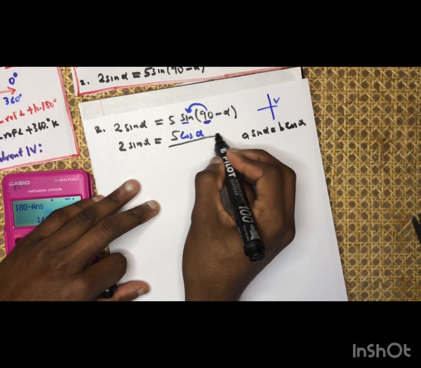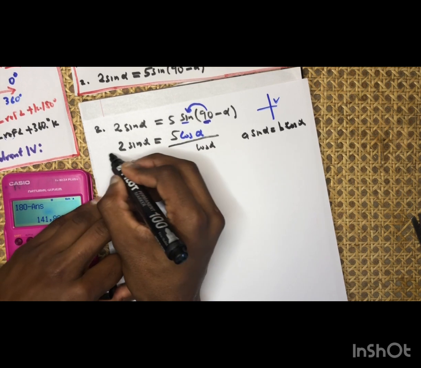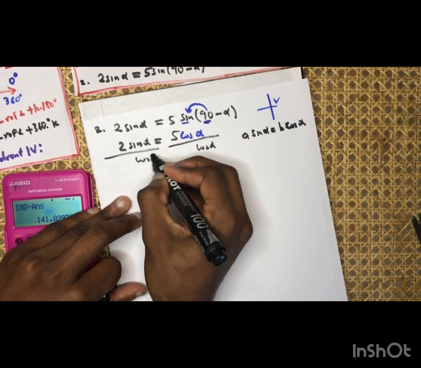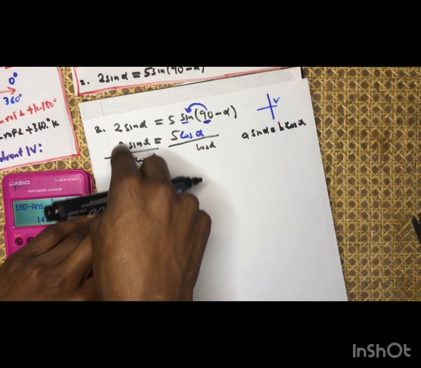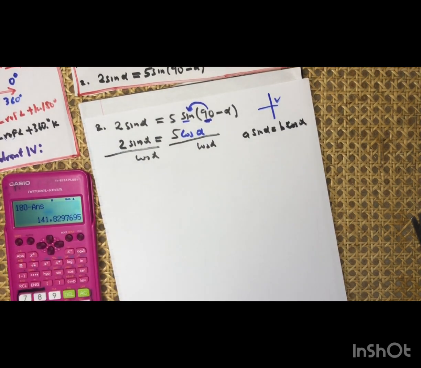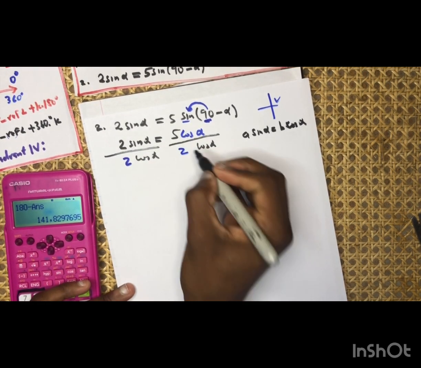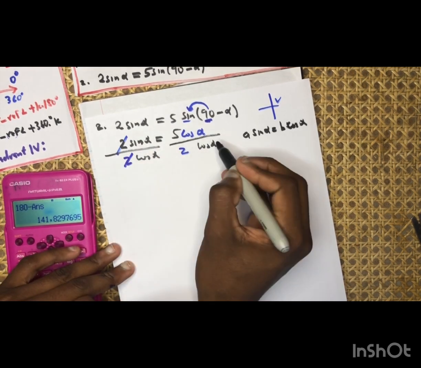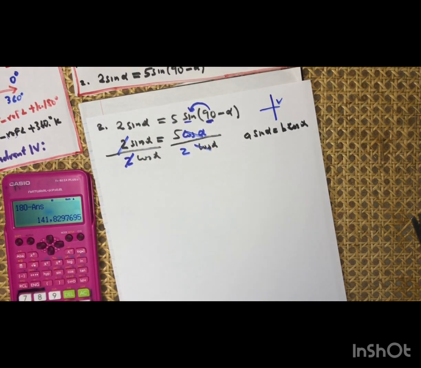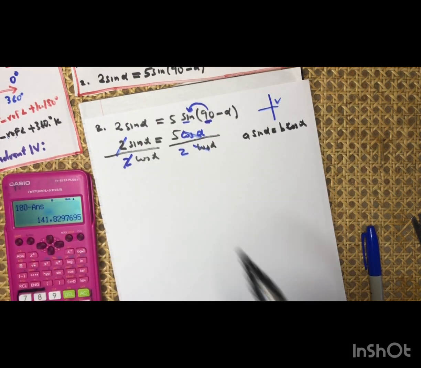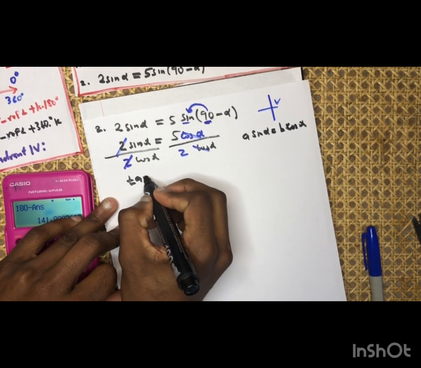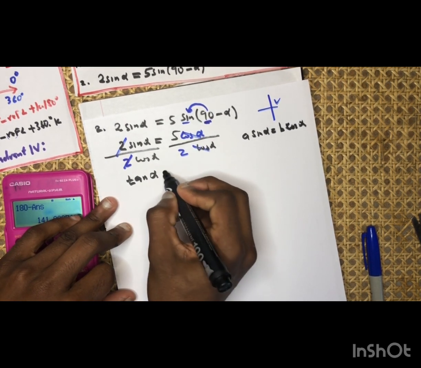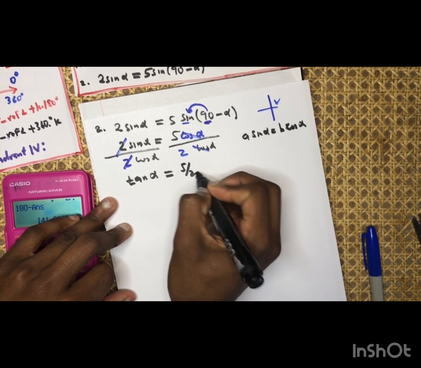So I'm going to divide by cos alpha, but we don't want this coefficient again. So then I have to divide by 2 both sides. So this 2 will cancel this, and this cos will cancel this. So we know that sine over cos, guys, will give us tan alpha, which is 5/2. Wow.